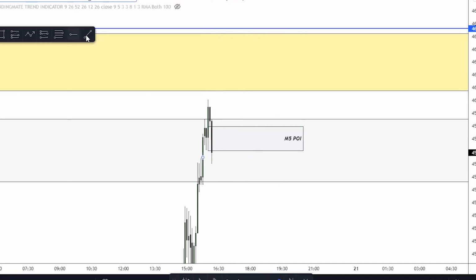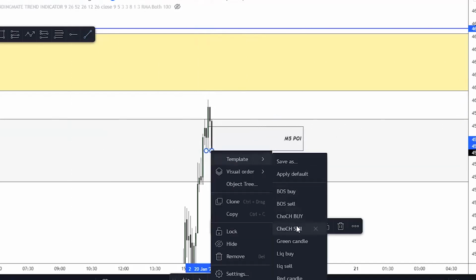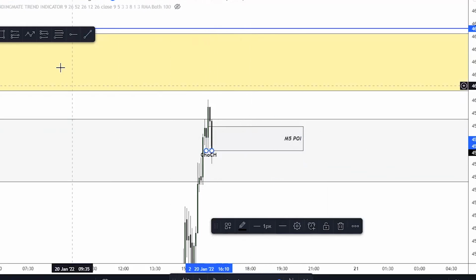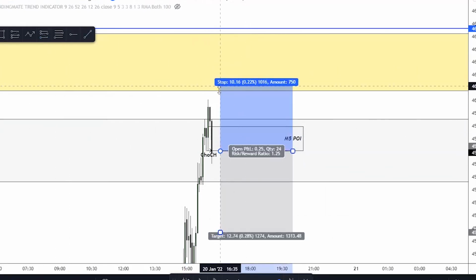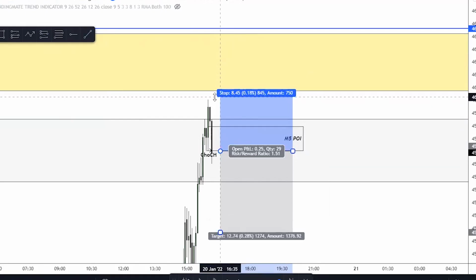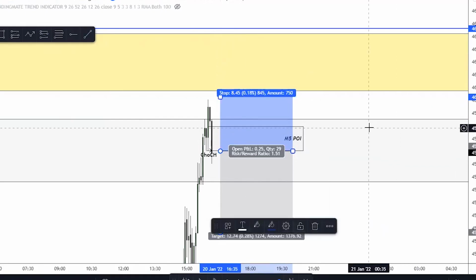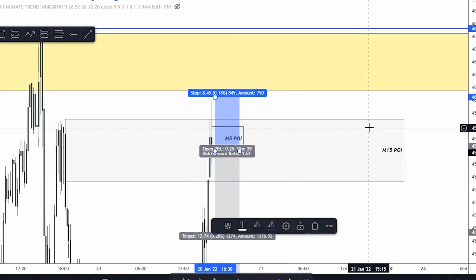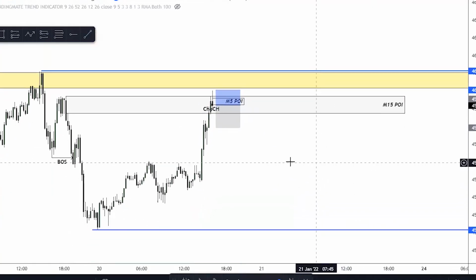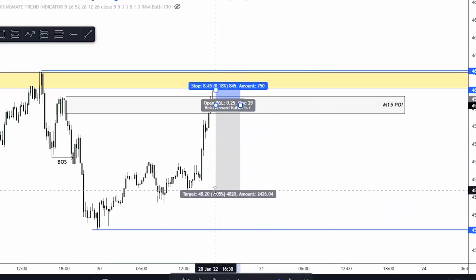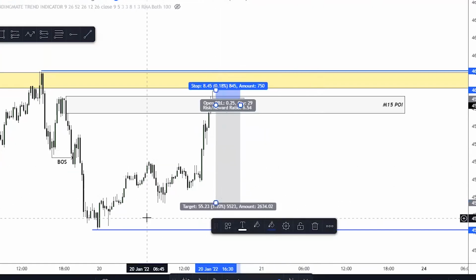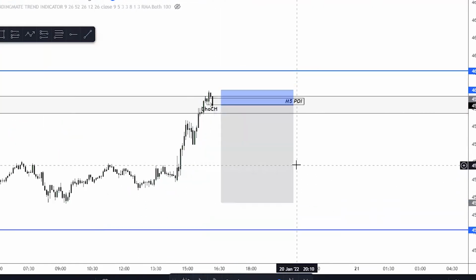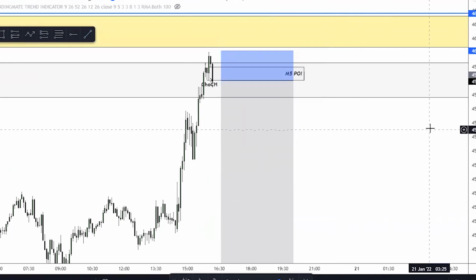So I think I can enter on this situation. But yeah, most likely, I don't know. Maybe I will put it above this high right here for the aim. Let me see. Make the aim for the previous equal low, which is this one right here. Let's see.